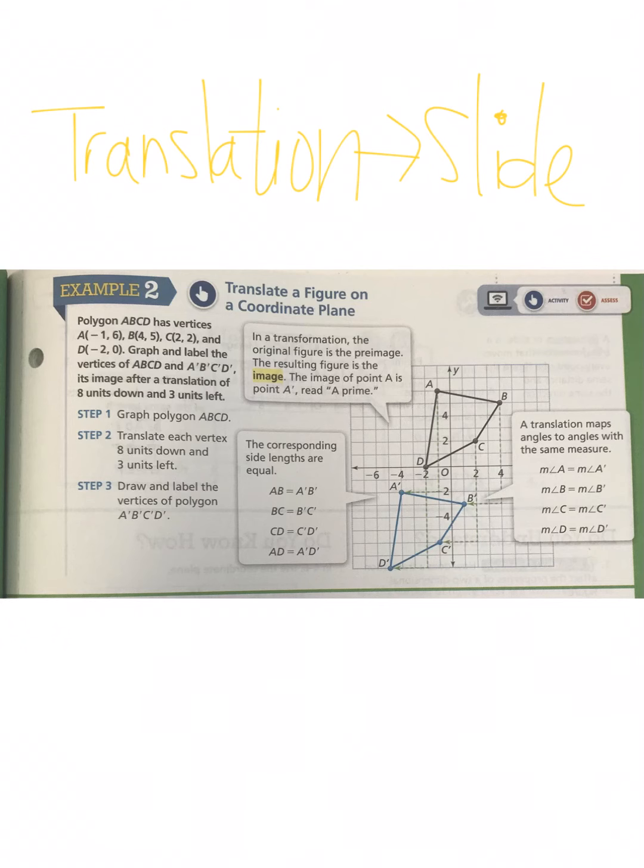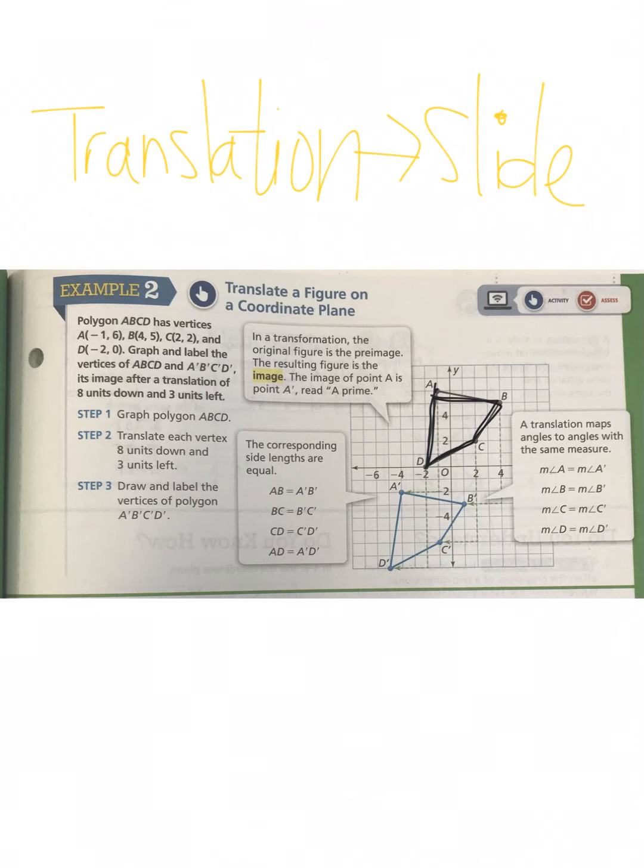What happened before? Okay? What happens before? So my original image here is my ABCD. Okay? So this is that pre-image before I moved it.